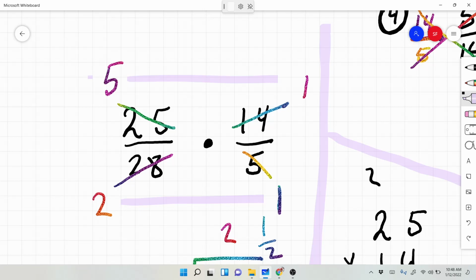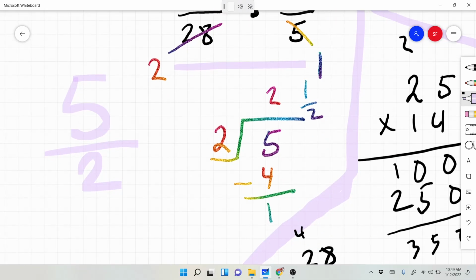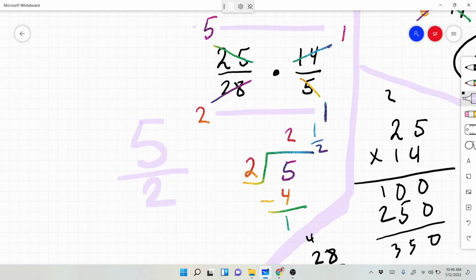So 5 times 1 is 5. 2 times 1 is 2. And then that's still an improper fraction, right? So I divide 2 into 5. So I would go from that step to this step. Is that what you're asking about?